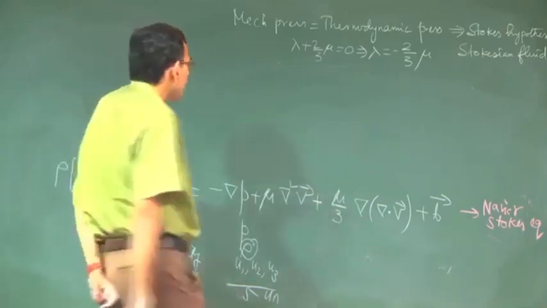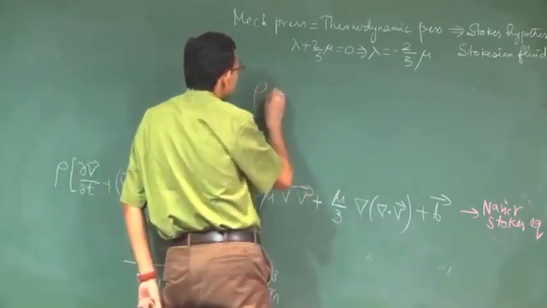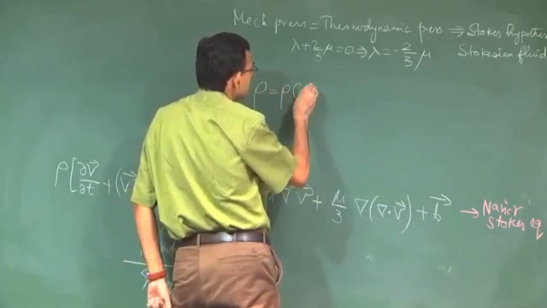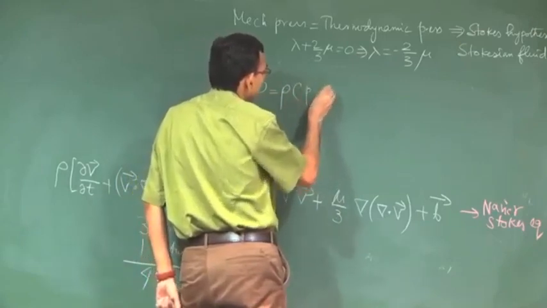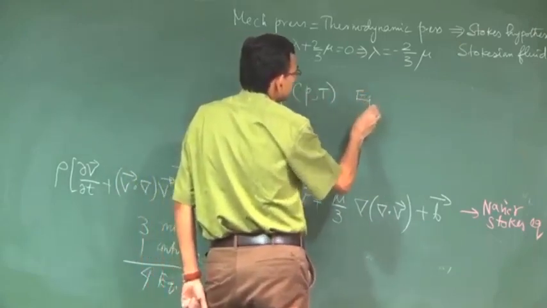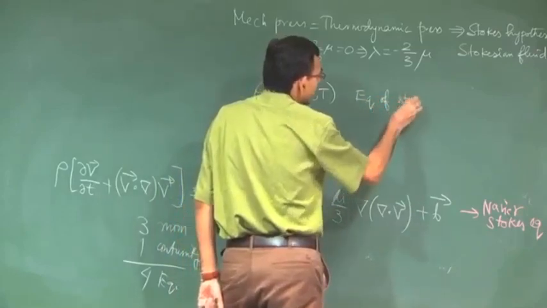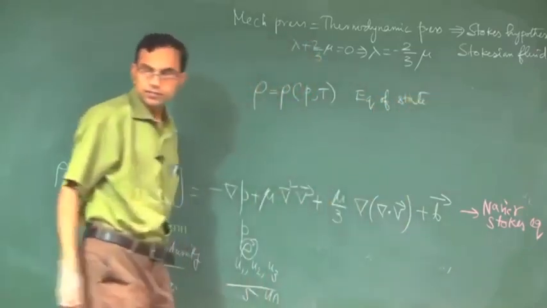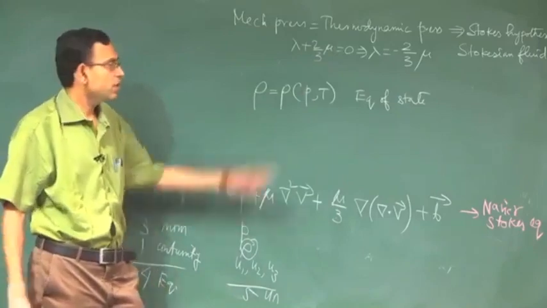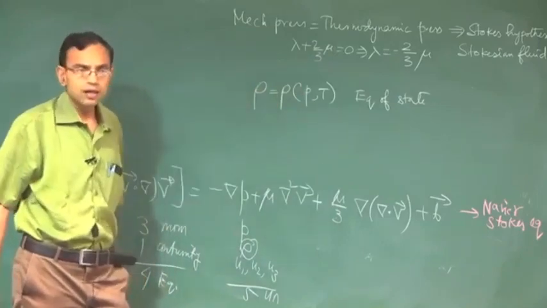Similarly, for any other substance, you have rho as a function of P and T, this is equation of state. For an ideal gas, P by rho is RT. For non-ideal substance, it could be something else.